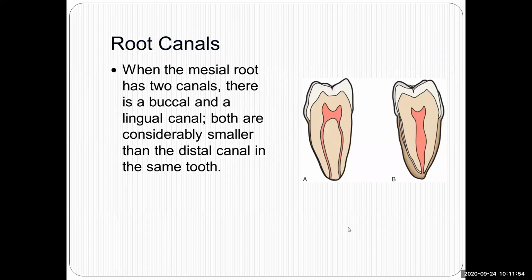When the mesial root has two canals, there's a buccal and a lingual canal. And again, the take home is both are smaller than if you had one opening. If you've got two openings going down the same root, those openings are going to be smaller than if you had one big opening.